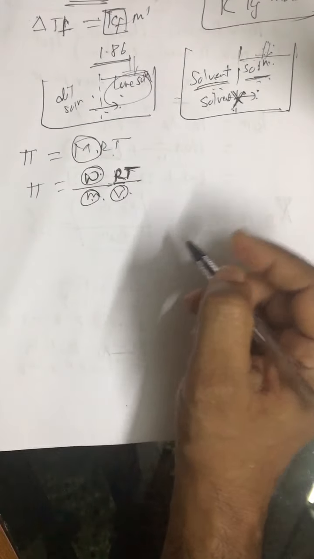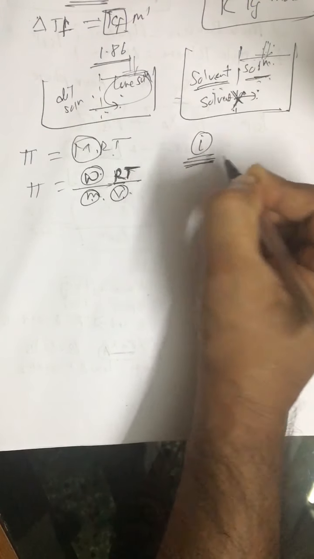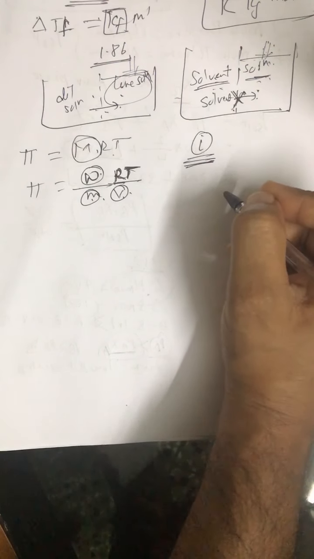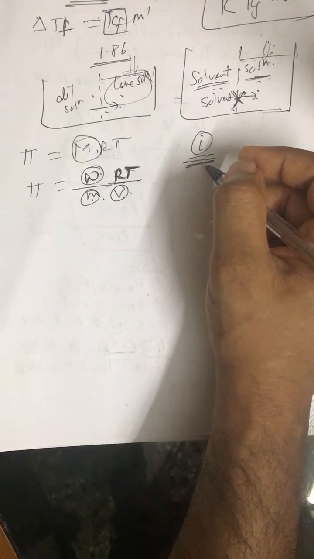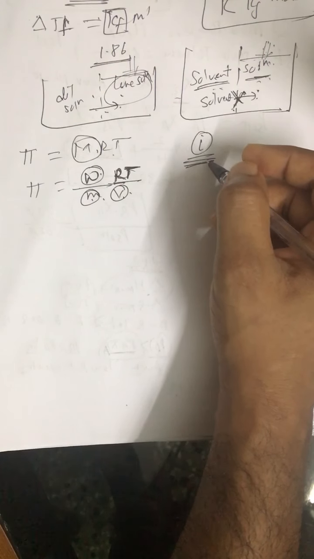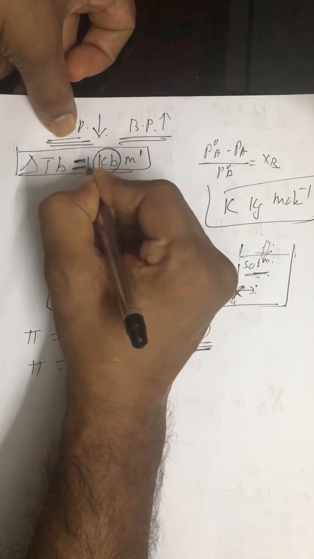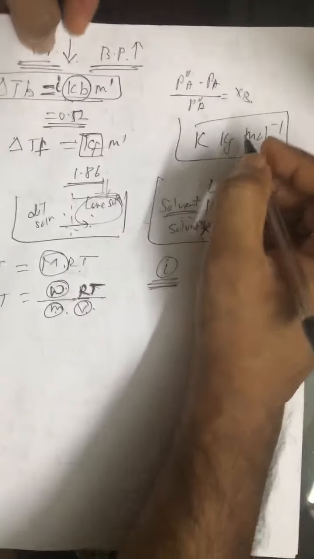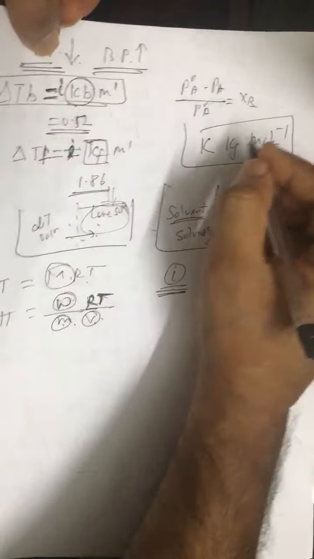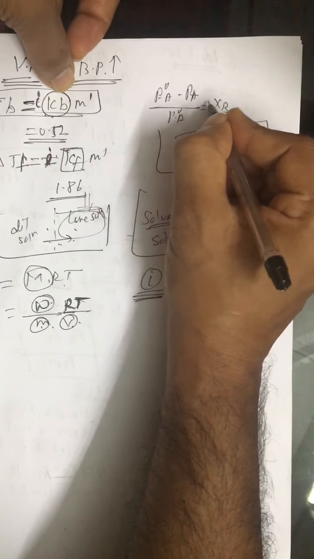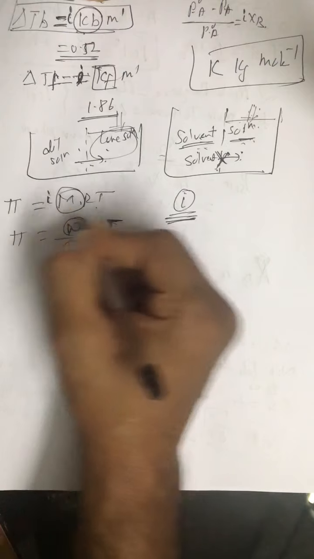And then comes the van't Hoff factor i. The van't Hoff factor i must be included if the solute undergoes dissociation or association. It means in all these formulas, delta Tb equals Kb into m becomes i into Kb into m, or delta Tf equals i into Kf into m, or P0A minus PA equals i into XB, similarly i into mRT.